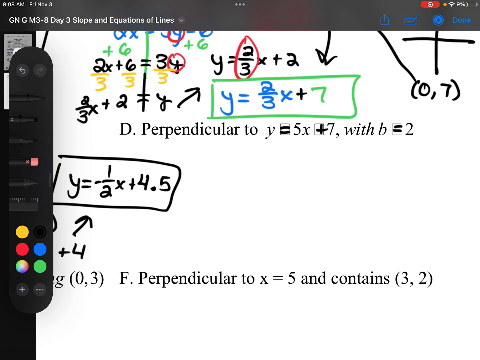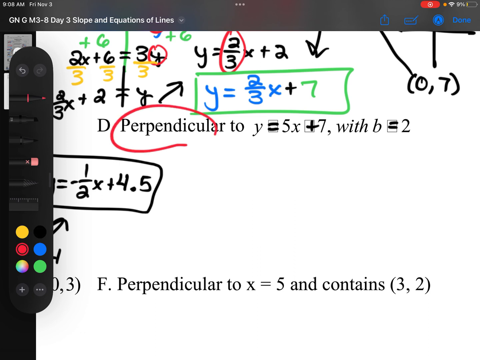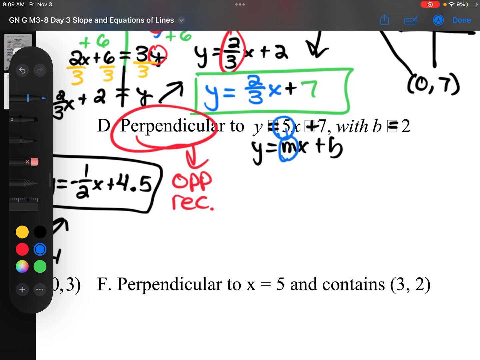Okay, so over here, perpendicular lines are going to have the opposite reciprocal slope. So looks like we are already given the equation in y equals mx plus b. We're going to find the m, which is the slope. So we know our m is equal to 5. We need to find the opposite reciprocal. So the opposite reciprocal of 5 is just going to be -1/5. Okay, so we need to find the equation of a line perpendicular to this line.